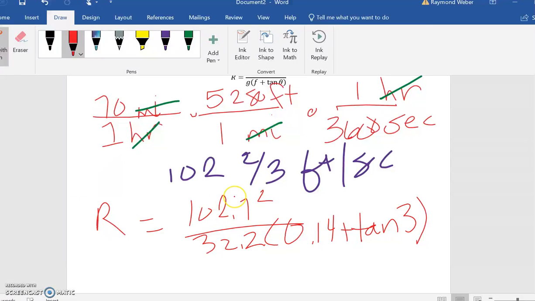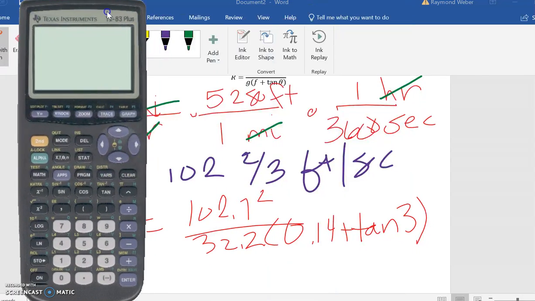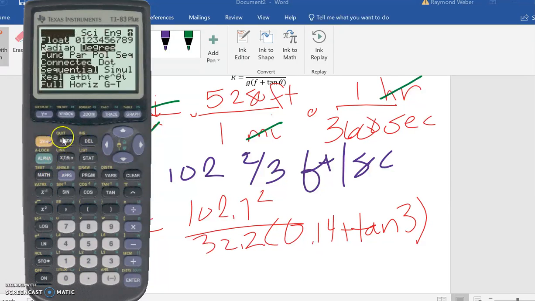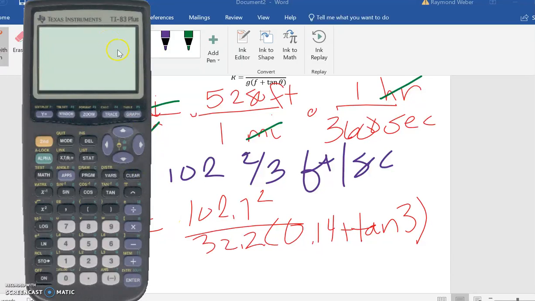Okay, now I need to put this into my calculator. Now when I put this into my calculator, first obviously make sure you are in degrees, and I am. I always start wherever's biggest because I want to do as little rounding as possible. So I'm going to start down here, and I'm going to do the tangent of 3.